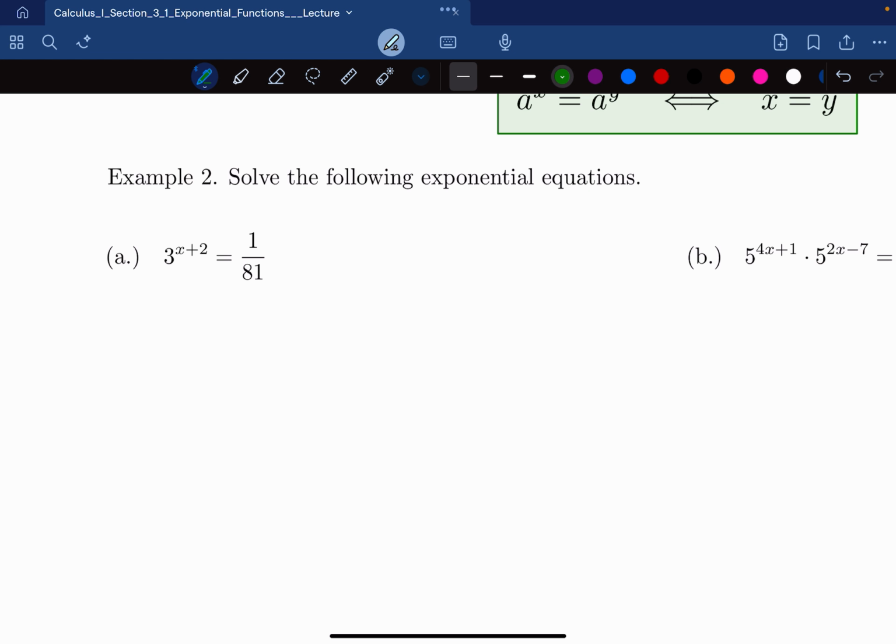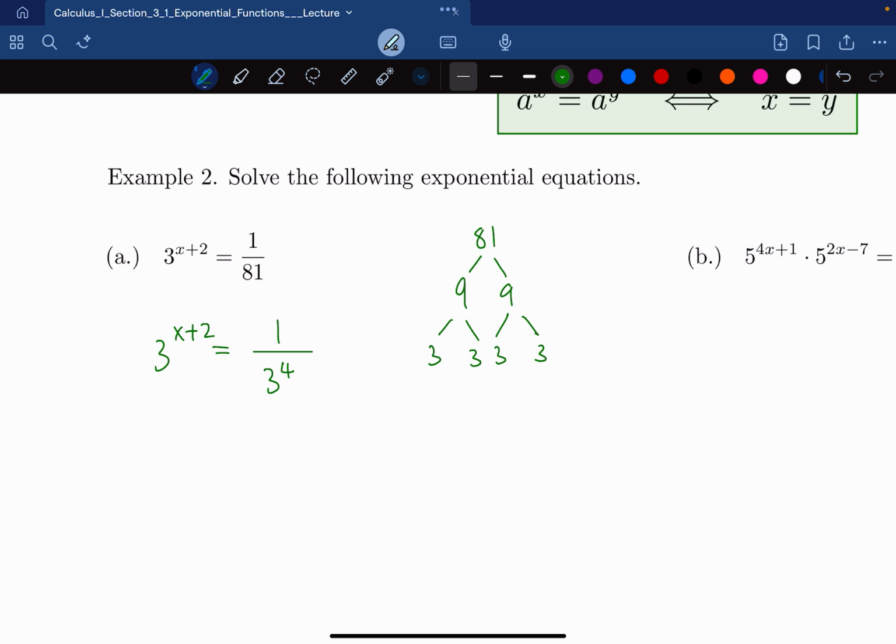And the way I can do that is, first of all, copy and paste the left-hand side. I can work with 81, right? If I can't do 1 over 81 right away, I can work with 81. So 81, we know, is 3 to the 4th power, right? Because 81 is 9 times 9, and 9 is 3 times 3.